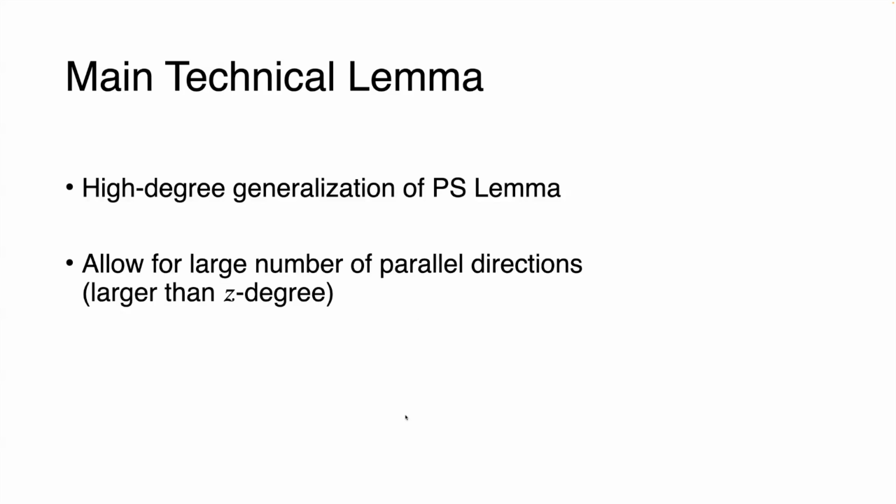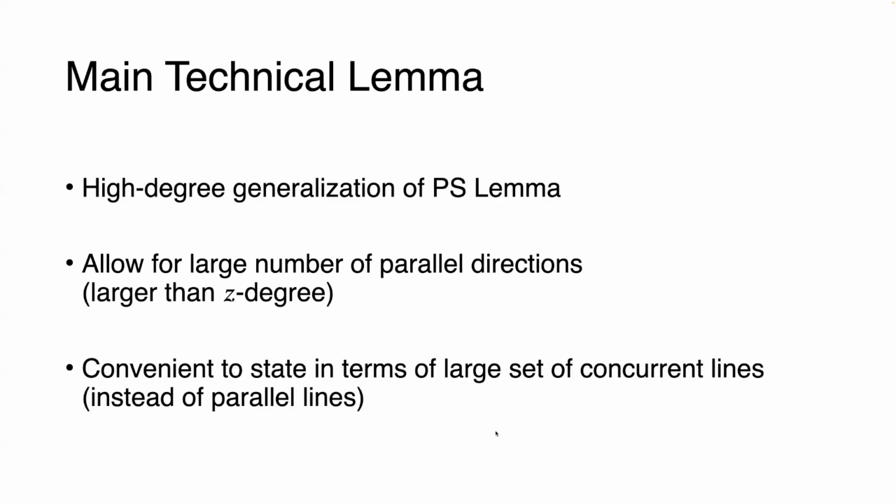It's not just larger than the z degree, but much larger than the z degree. And it would actually be convenient to state it in terms of concurrent lines instead of parallel lines, by just interpreting the notion of parallel lines as a set of concurrent lines originating from a point at infinity.